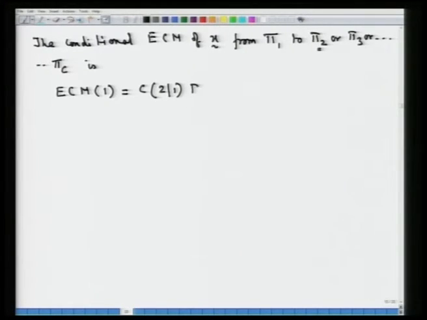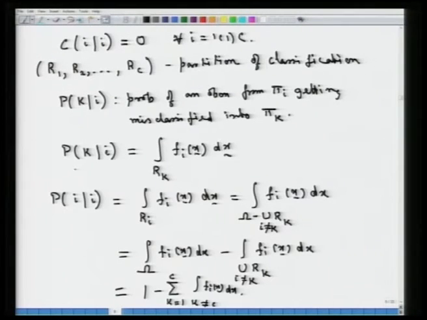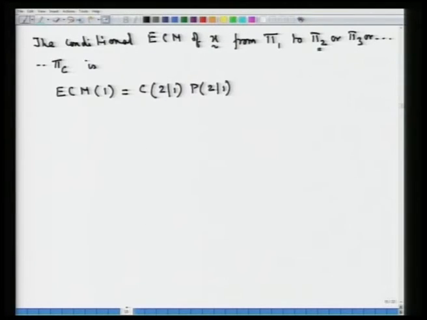And what is the probability of misclassifying an observation coming from the first population into the second? This is given by P(2 given 1), which is given by the expression that we have written for a general k. So, P(2 given 1) would in particular be the integral over R_2 of f_1(x) dx. So, that is how this term is defined.